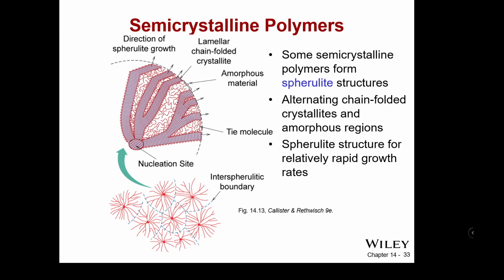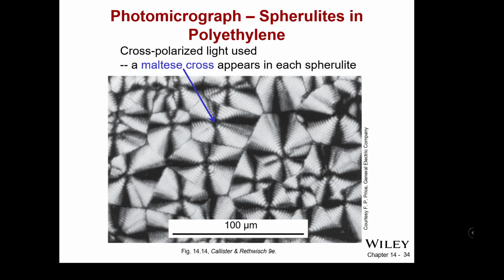So you can have what's called interspherulitic boundaries, meaning these sphere-like entanglements next to each other, and those tangled tangles of entanglements create the site at which attachment's possible for the growth of these kind of crystalline regions. So the semi-crystalline are what will form what's called spherulite type structures.